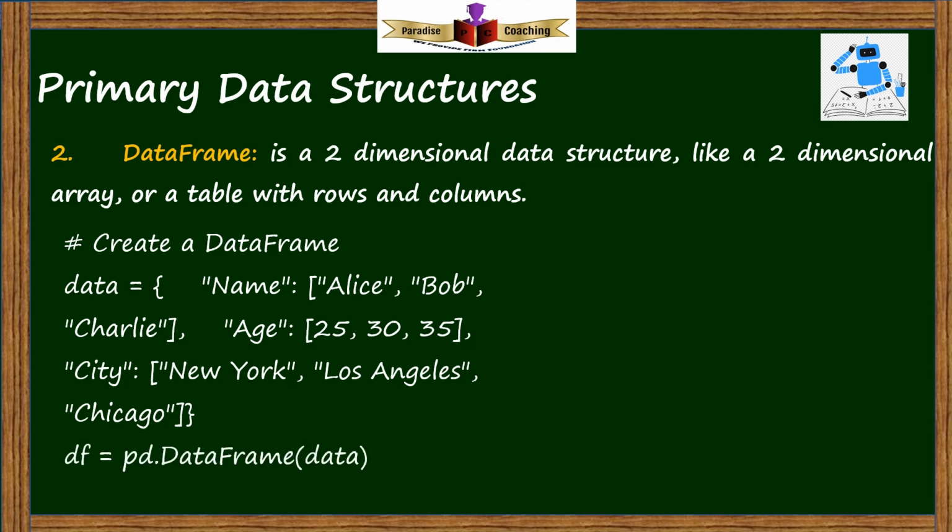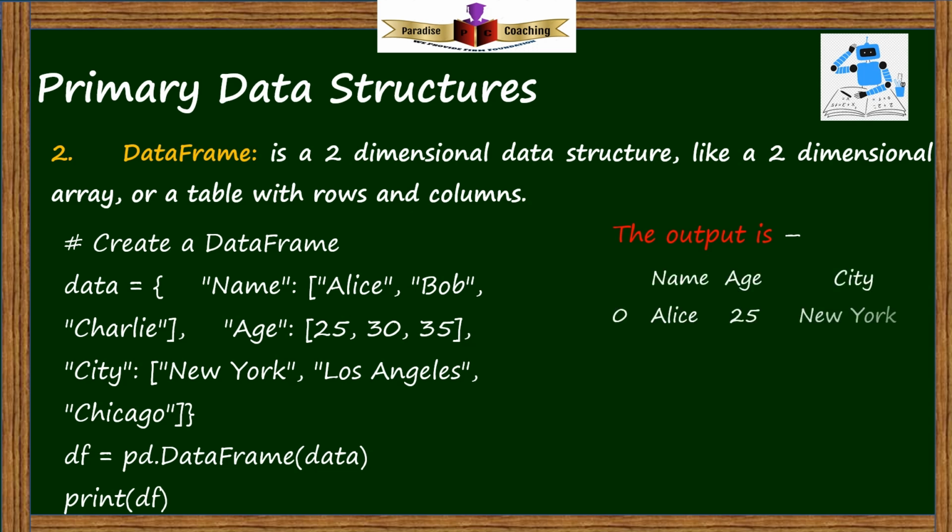The sample code here creates a data frame from the Python dictionary data structure. The print command is used to display the created data frame. The code, when executed, displays the following output.